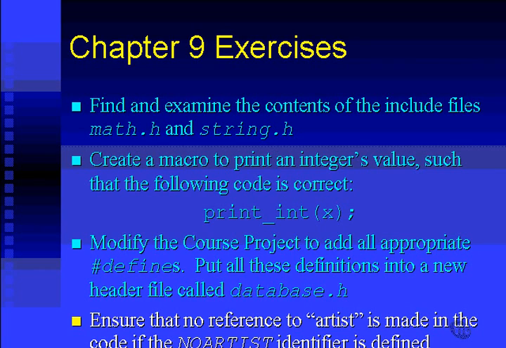I want there to be an artist version and a no artist version. So I want there to be a hash define called no artist or not. You want to be able to have the no artist hash define or not have the no artist hash define, and the code should behave accordingly. I'll leave you to figure out which way around it should go.